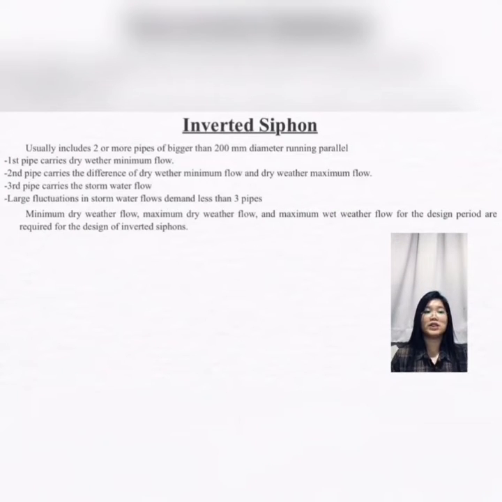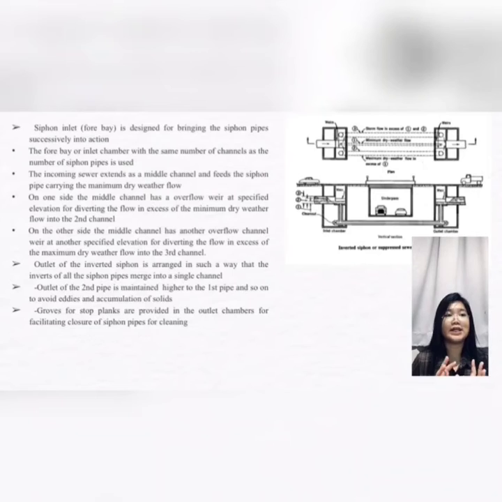Large fluctuations in storm water flow demand not less than 3 pipes. The minimum dry weather flow, maximum dry weather flow, and maximum wet weather flow for the design period are required for the design of an inverted siphon. Siphon inlet, also known as a forebay, is designed for bringing the siphon pipes successfully into action.